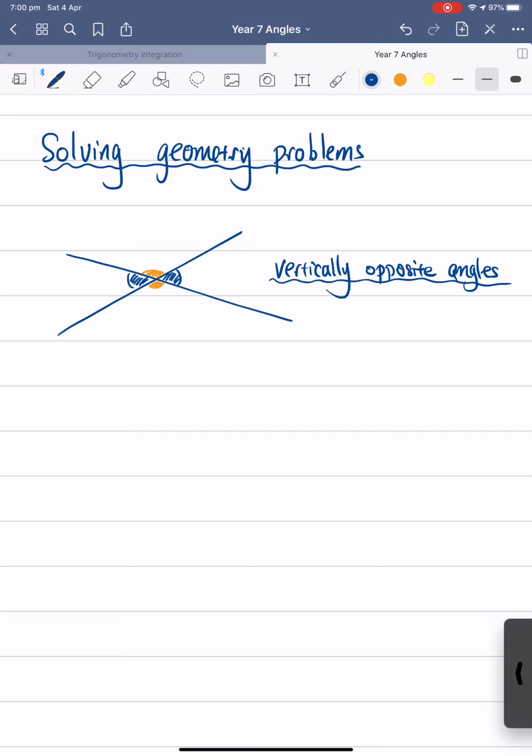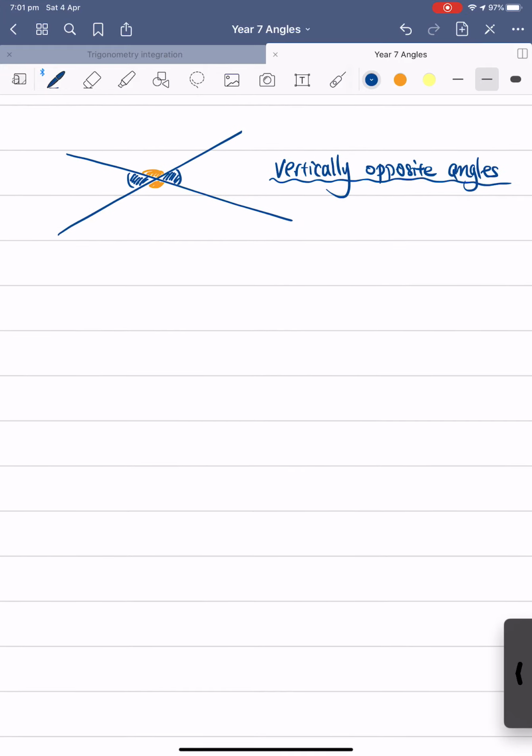Alright. Now, the second one is something called complementary angles. So it's when you have a 90-degree angle, like a right angle, and this angle is broken down into smaller angles inside, and then we have one angle here and another angle there.